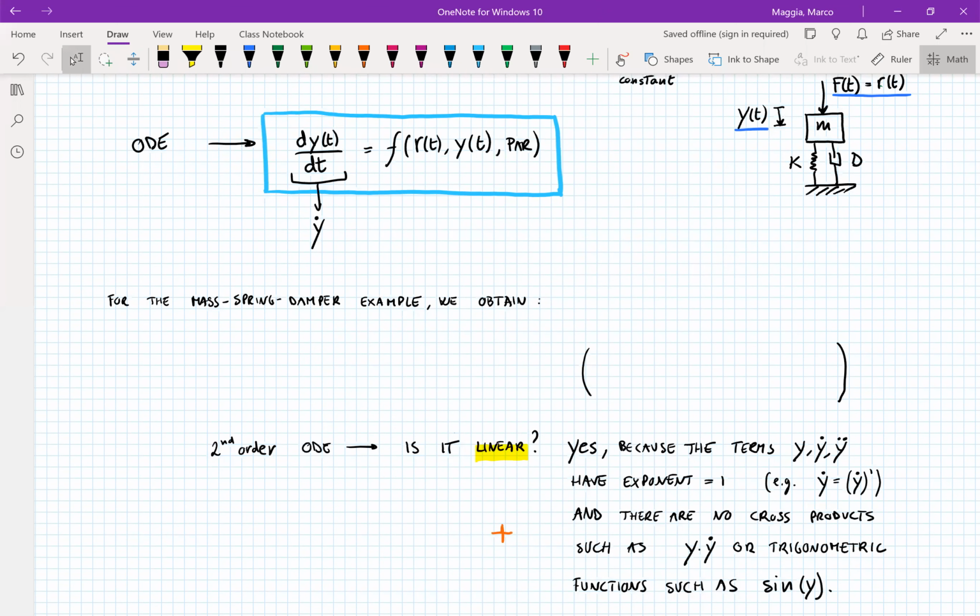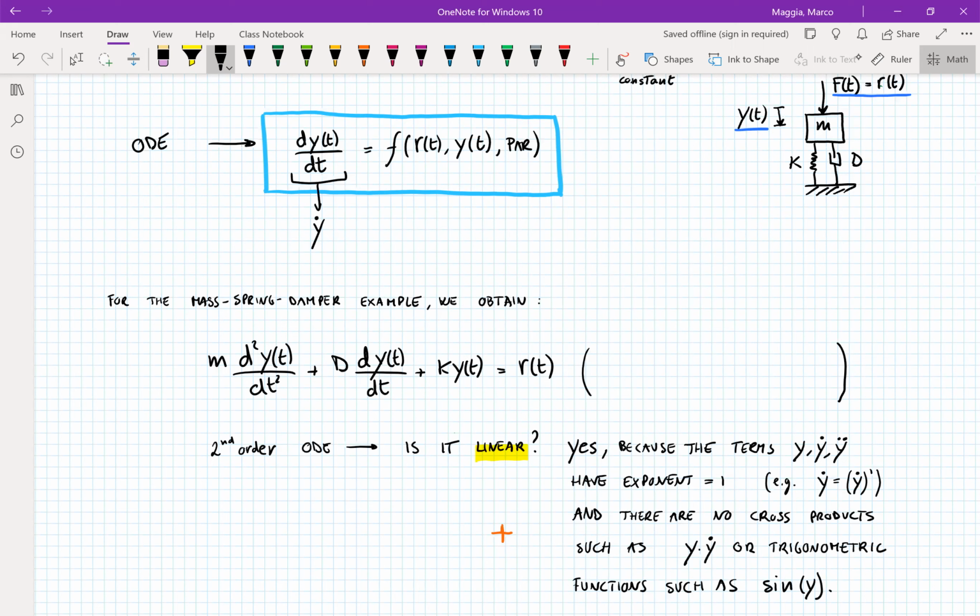For the mass spring damper, we have a second order ordinary differential equation that can be written in this form. We have m times the second derivative of the position of the mass plus d, so the damping coefficient, times the first derivative of the output plus k y(t) equals r(t).